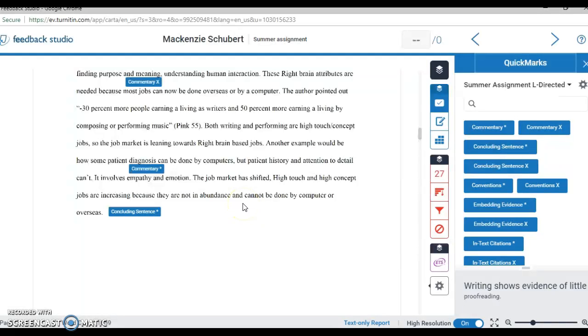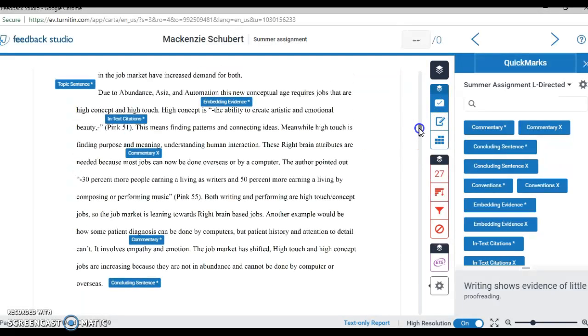Maybe give us a little bit more of why these things are important, or preview what Pink is going to talk about with our directed thinking or whatever. So maybe not just quite so direct as the topic sentence. But it was good that you had both of those, and I do think you mostly answered the question.